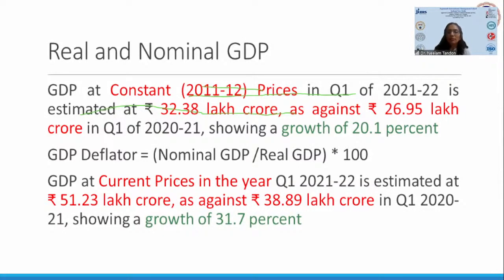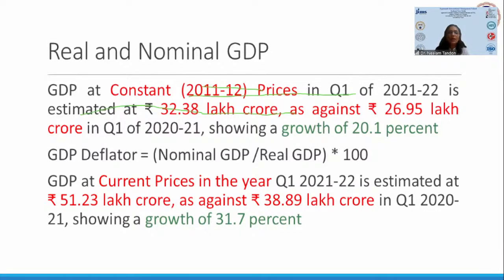What is nominal GDP? When we talk about production, you can fragment any production into two components. One is how many units of the good are produced, and the other is the price per unit. So price and units are the two components of production.